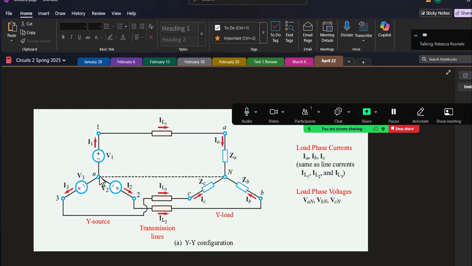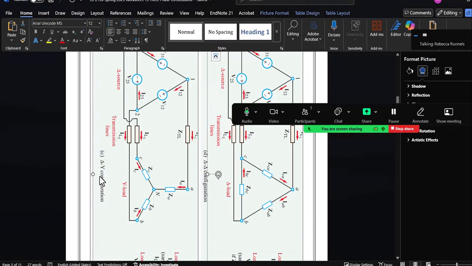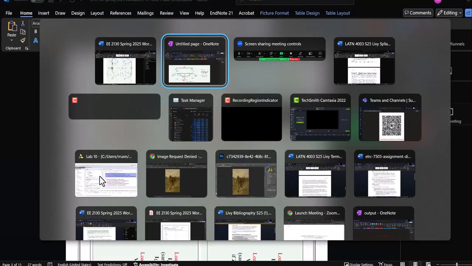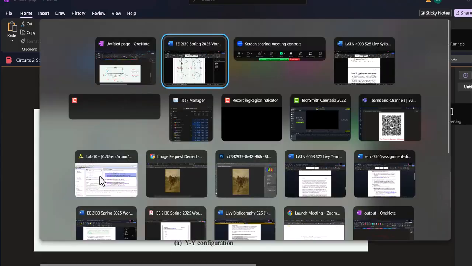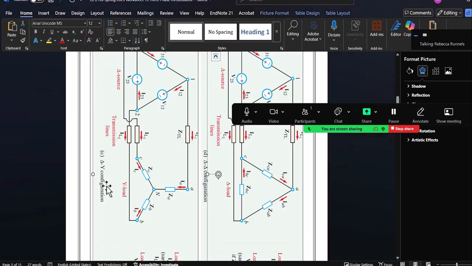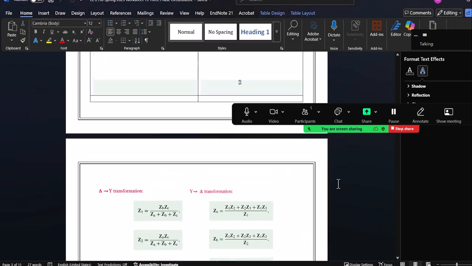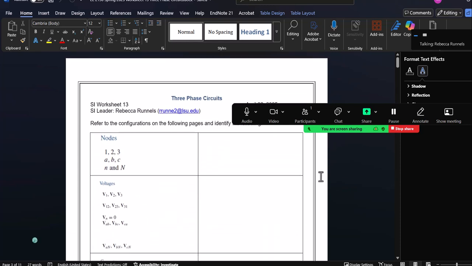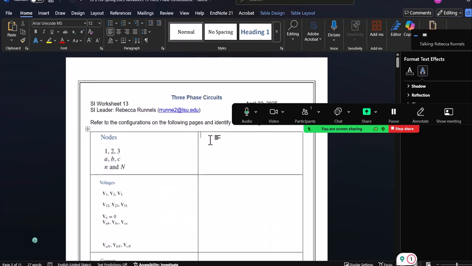So 1, 2, and 3 are nodes in the source circuit. You don't have to write these, but that was the intent for the worksheet where I have this table. So 1, 2, and 3 are nodes for source.